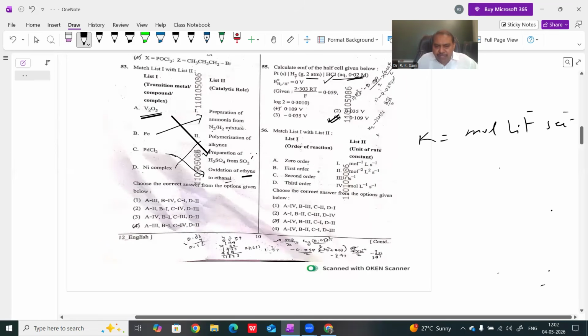For first order reaction, the unit of rate constant is time inverse. For second order reaction, K is mole inverse, liter, and second inverse. And in case of third order reaction, mole square, liter square, and second inverse. Therefore, this is the answer of the question.